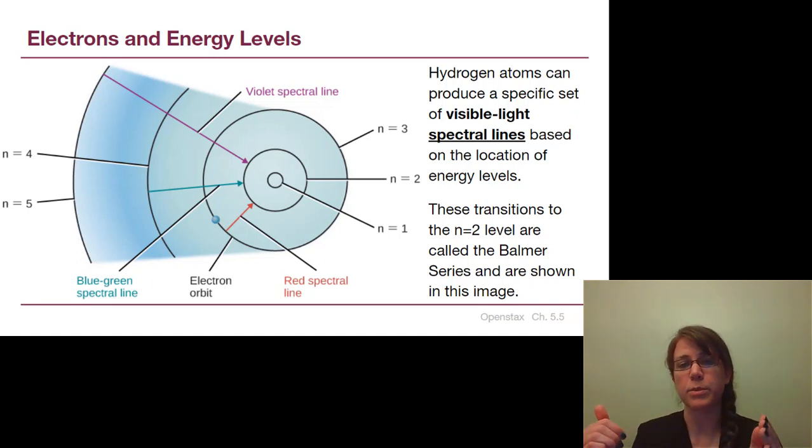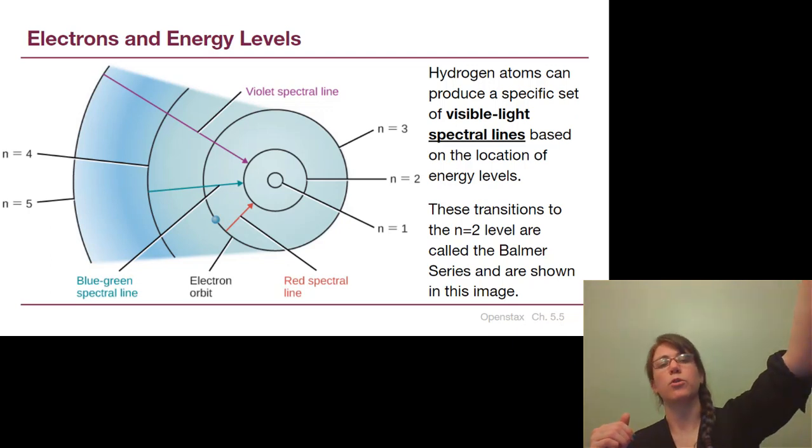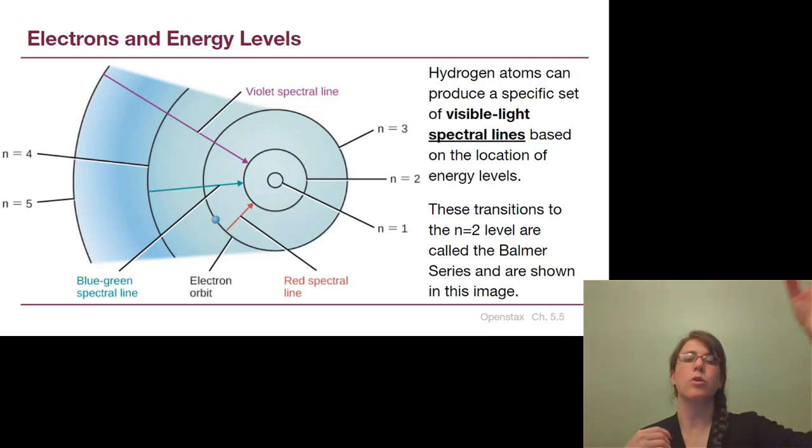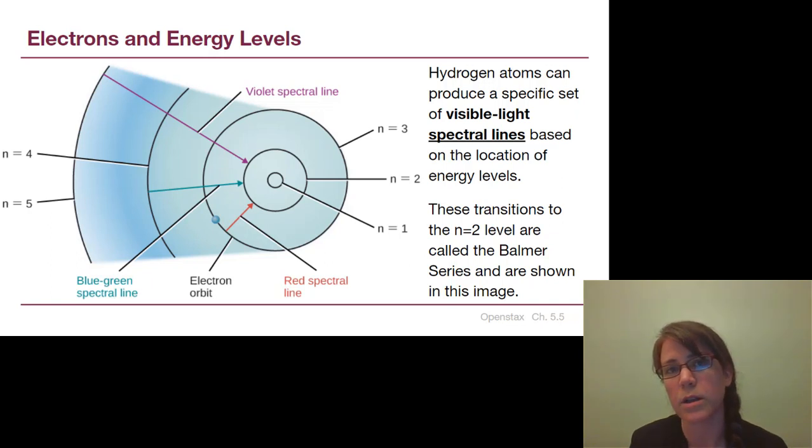Those bigger jumps from the 5th floor all the way down to the lobby, 4th floor all the way down to the lobby, are those bigger jumps going to be in the infrared or in the ultraviolet? So think about that. Rewind if you have to re-listen to the question.